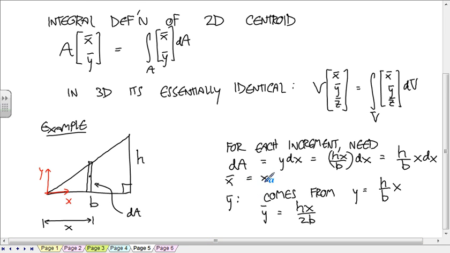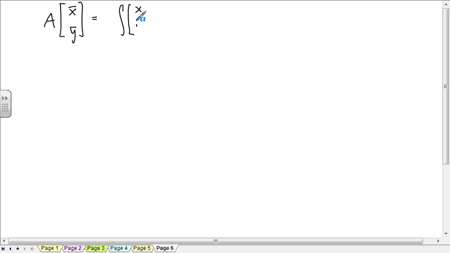The vector is, the x component is x, the y component is hx over 2b, and now we want to multiply that by dA, and dA is the area of that strip, which is hx over b times dx.